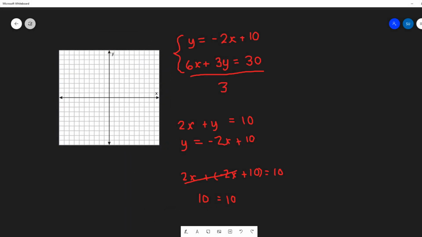So what is it? y equals negative 2x plus 10. The y-intercept would be 10. We'll do it in intervals of 2. So 2, 4, 6, 8, 10. That's our y-intercept. And negative 2x, so that's a negative slope. It would look something like that.